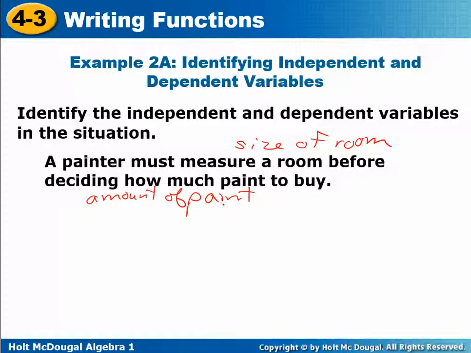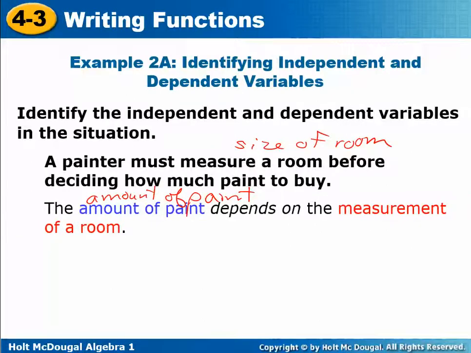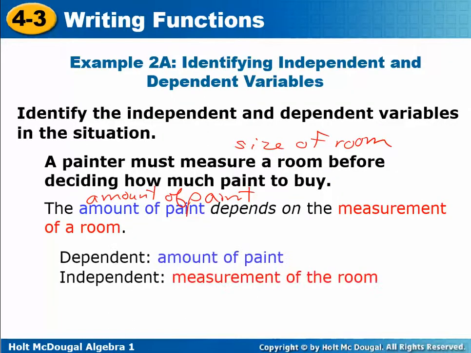That doesn't make sense. Or does the amount of paint you buy depend on the size of the room? Yes, the second one. The amount of paint depends on the measurement of a room. Therefore, the dependent is the first part because that depends on the measurement of the room.